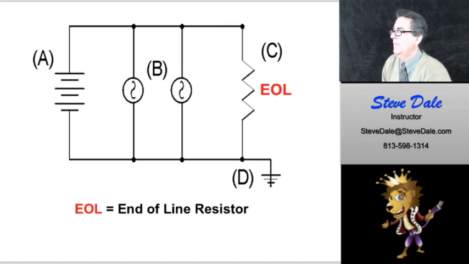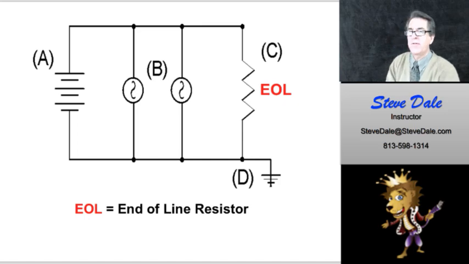And then the EOL, that is what? That's a resistor. But that's a very common acronym for end of line. And what do you have at the end of line in burglar and fire alarm circuits, especially fire alarm circuits? End of line resistors. Now, I'm not going to get into this in any detail, but an end of line resistor is used on the end of fire alarm circuits for supervision of the circuit.